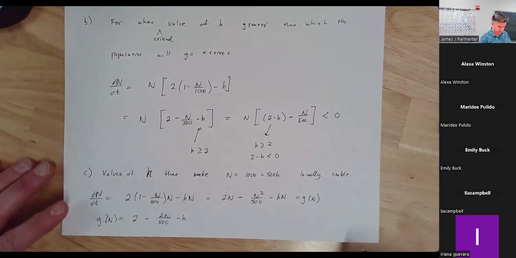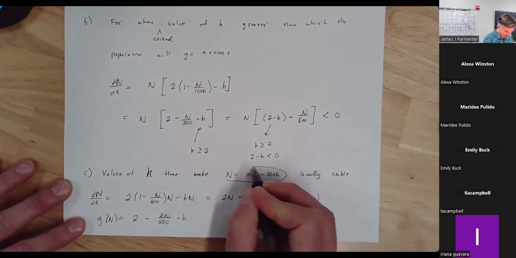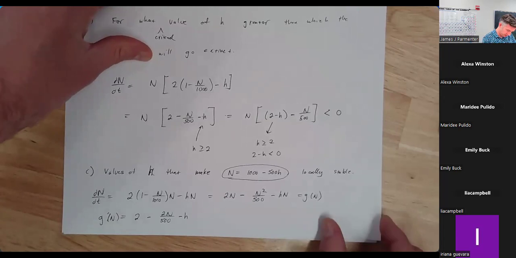And then we're going to test the stability of this by plugging it in, right? That's how we usually test the stability of our equilibrium. We plug it into this derivative, and then we hope it's negative, or we're going to find the criteria to make it negative. So of course I've run out of room here.